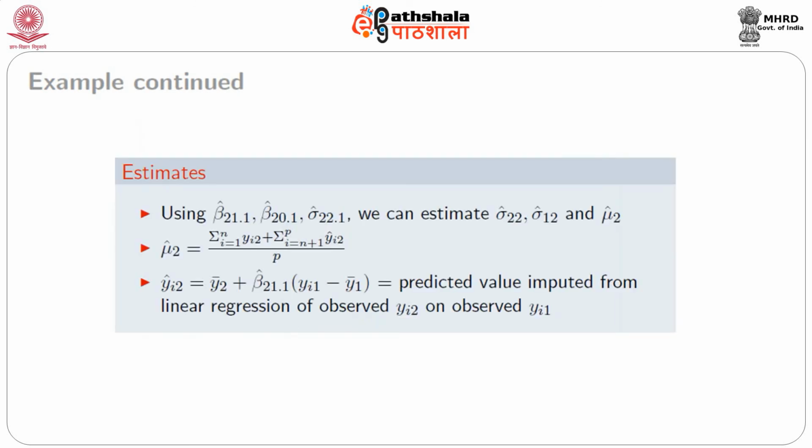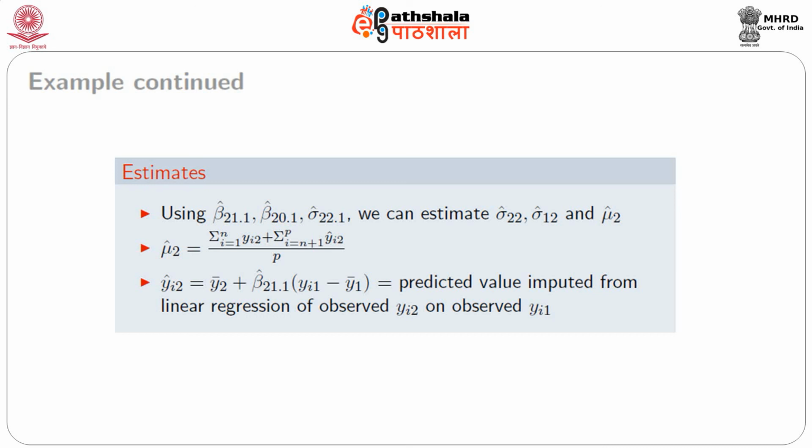So, once I get beta_21.1 hat, beta_20.1 hat and sigma_22.1 hat, I would be in a position to get the estimates of mu_2 hat, sigma_22 hat and sigma_12 hat. Then I can use the estimated values, that is mu_i2 hat is equal to y_2 bar plus beta_21.1 hat times (y_i1 minus y_1 bar).